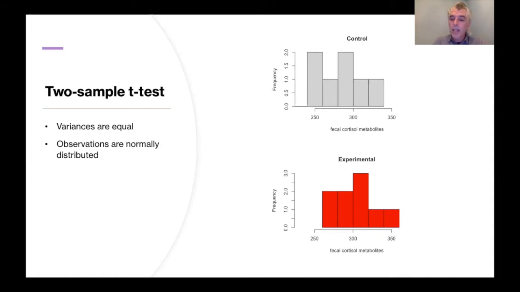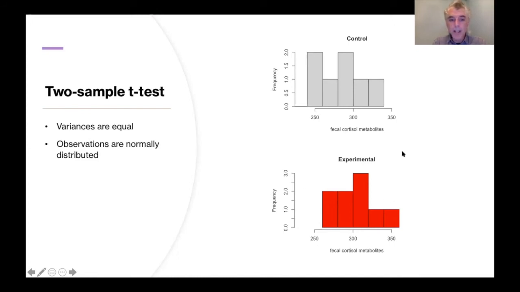So in this example that we worked through in the two-sample t-test, where we had the fecal cortisol metabolite levels of control squirrels and squirrels tricked into thinking they lived in a high-density environment, we have two different samples with observations that are distributed something like this.